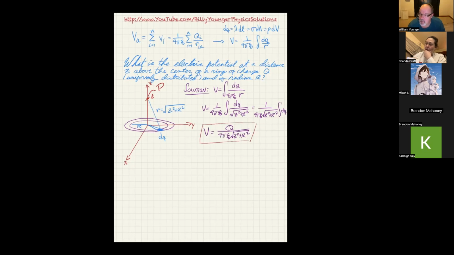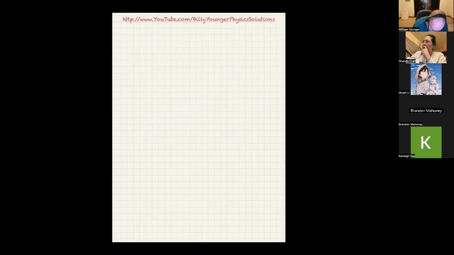Now let's do another one. This time it's going to be a charged disk of radius r. So I'll draw my coordinate system again, but I'm also going to draw an oval, something like that. Now I'll draw my coordinate system. I'm going to call this my x-axis, call this my y-axis, call this my z-axis.